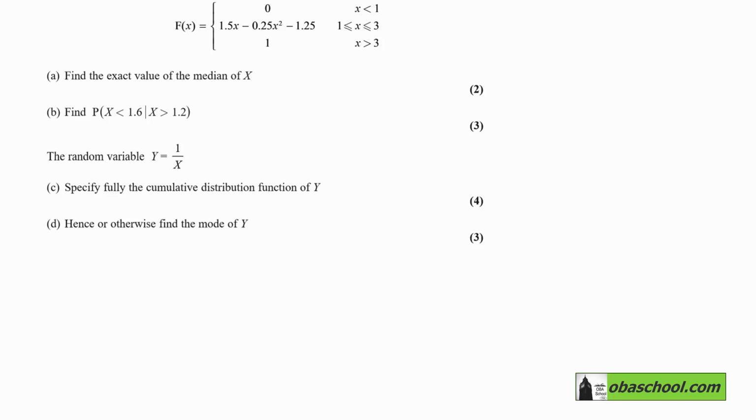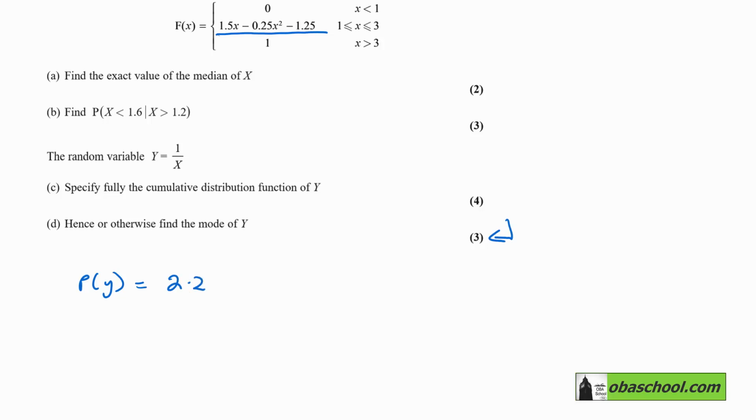Part D sentence, hence or otherwise, find the mode of y. It's a bit mean really, because if you didn't get the last part of the question, these 3 marks are very difficult to get. So let's think about what the middle row became for y. I'm just going to call that P of y.